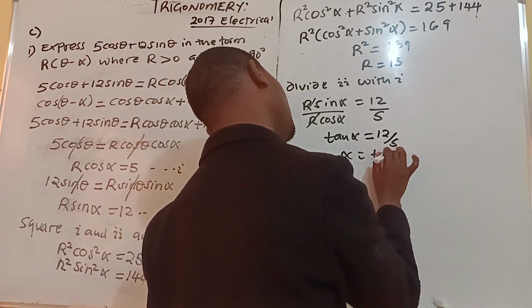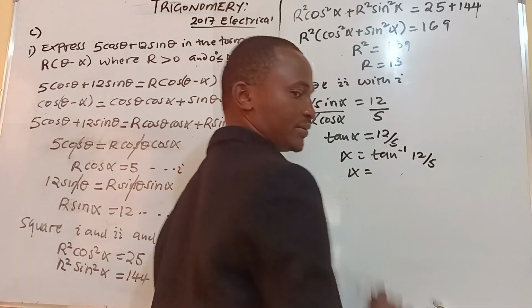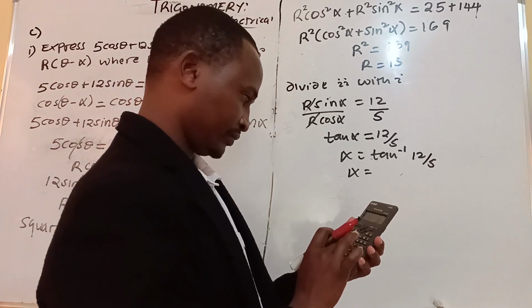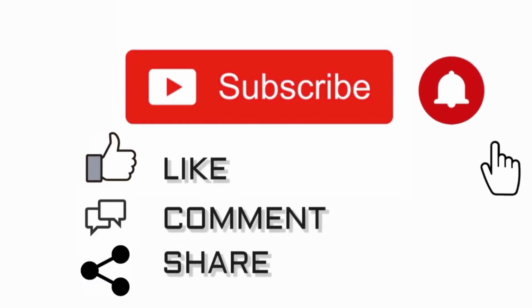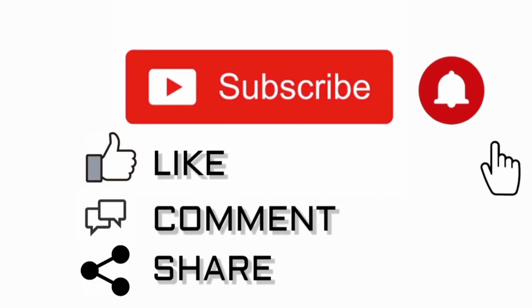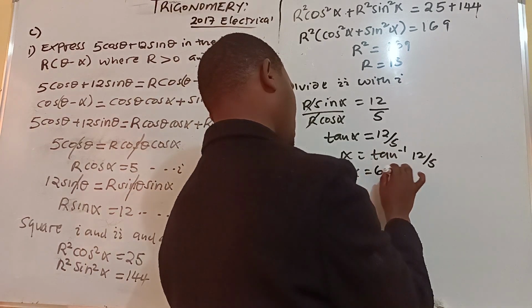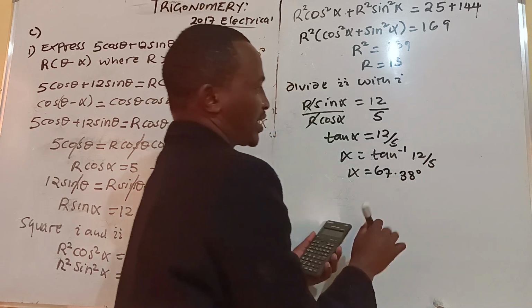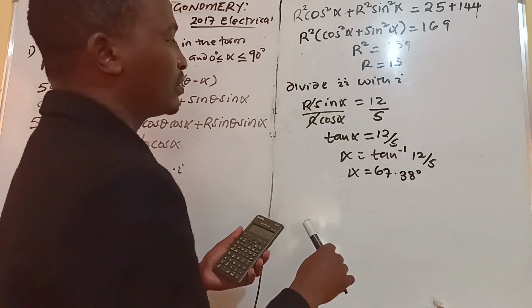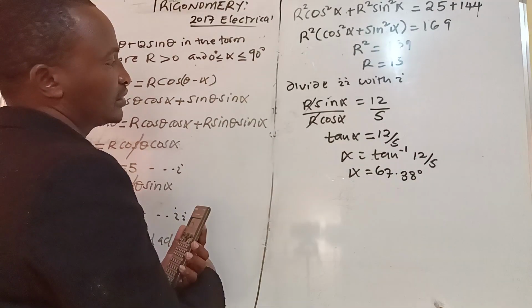Alpha is equal to tan inverse 12 over 5. So alpha is equal to what? Now using our calculator, our work in degrees, it is 67.38 degrees. So this is positive. We are told alpha lies between 0 and 90, so that is okay.